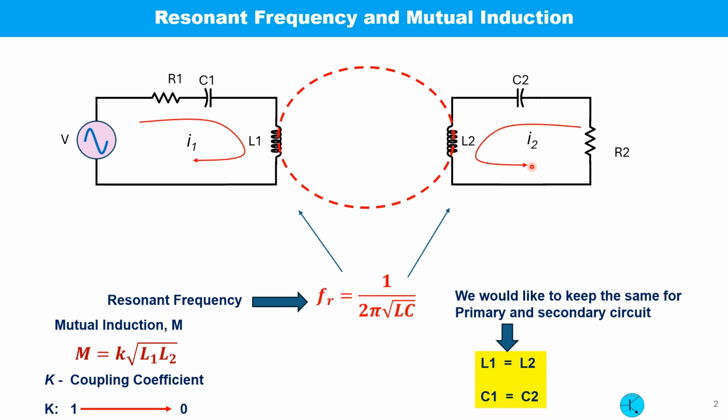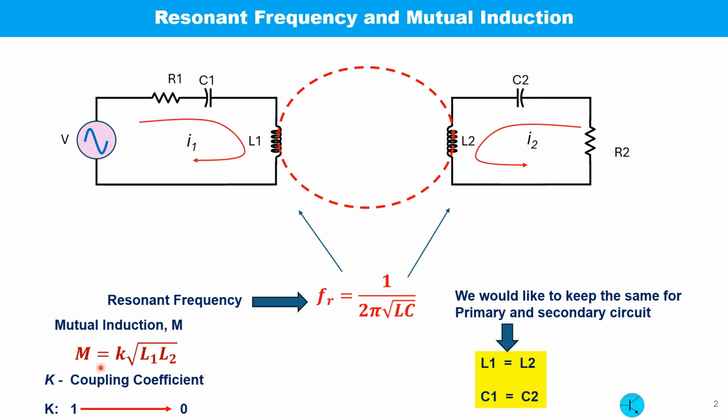As the magnetic flux created by the primary coil current induces voltage on the secondary coil, one factor comes into effect, that is mutual inductance, or M. M is defined as K times the root over L1 L2, where K is the coupling coefficient.